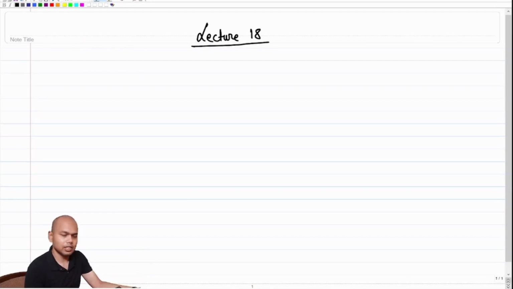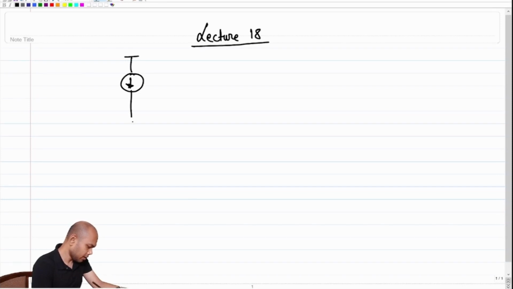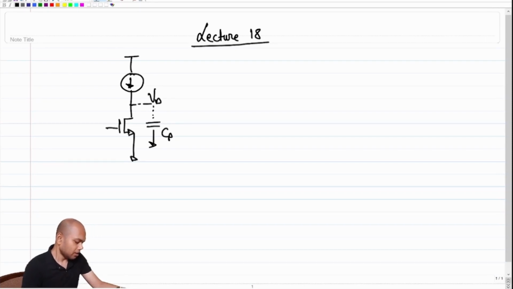We fed the current source at the drain of the MOSFET, and we observe this voltage VD, and it always helps to assume that there is a parasitic capacitance CP to understand which side the voltage at VD might increase or decrease if there is a mismatch of current between I naught and the current flowing through the transistor.